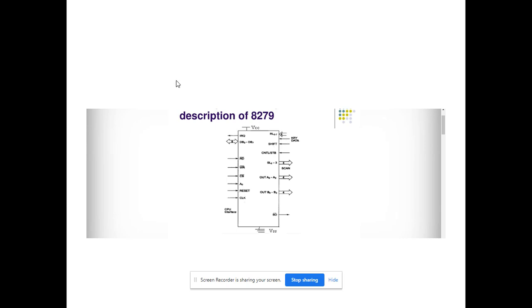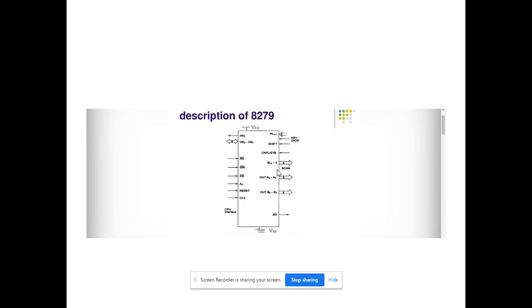For example, these 8 pins, A0 to A3 and B0 to B3, are used for the display device. The 8279 is also used for the scan section, keyboard section, and display section.